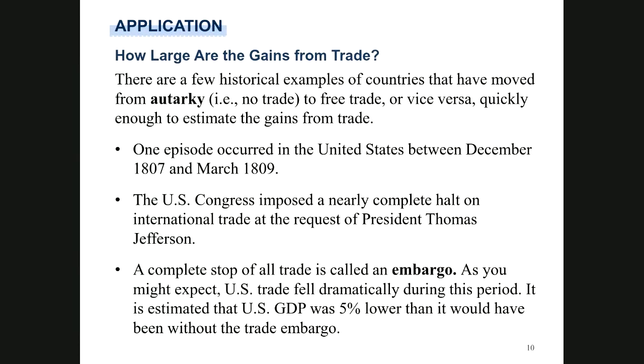The term embargo, I think we mentioned in the very first lecture this semester. The embargo means a complete stop of trade, the perfect restriction. So the international community doesn't want to trade with you anymore, either buying goods from your market or selling goods to your market.